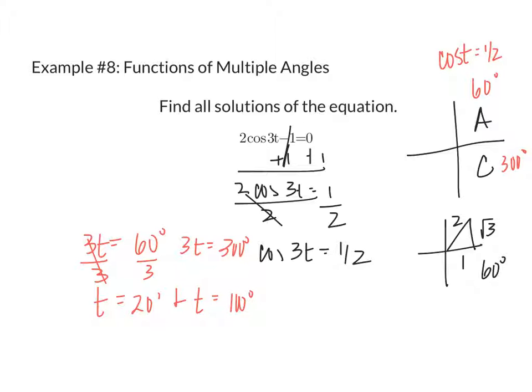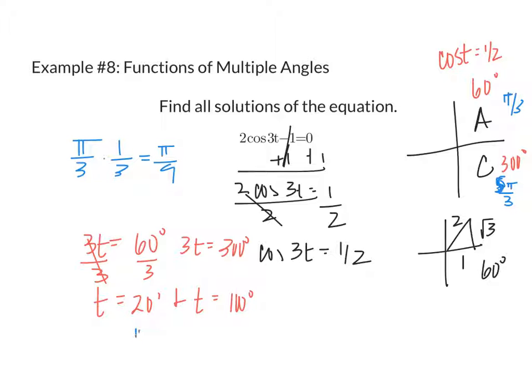Now, as far as radians go, a 60-degree angle in quadrant 1 would be pi over 3, but in quadrant 4, that would be 5 pi over 3. To divide those fractions by 3, all you're doing is multiplying times 1/3. So pi over 3 times 1/3 makes pi over 9.